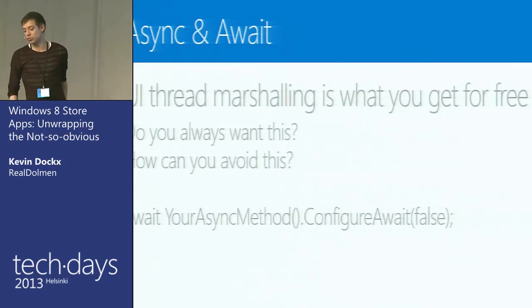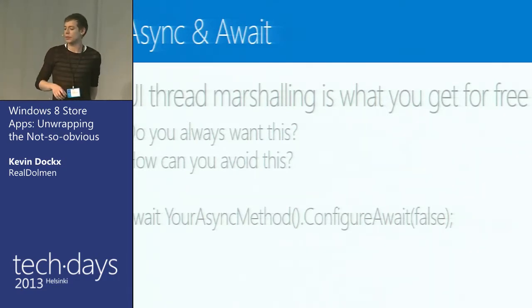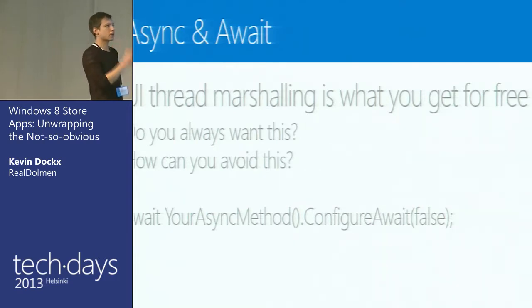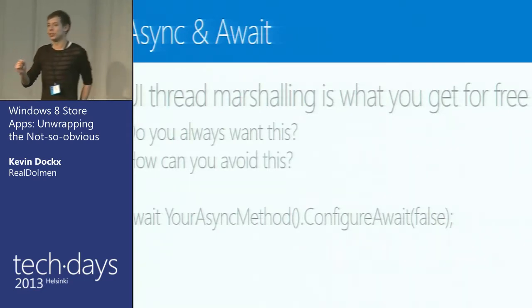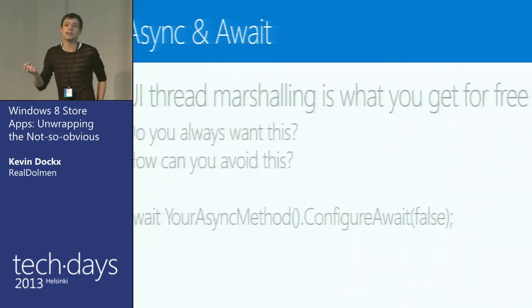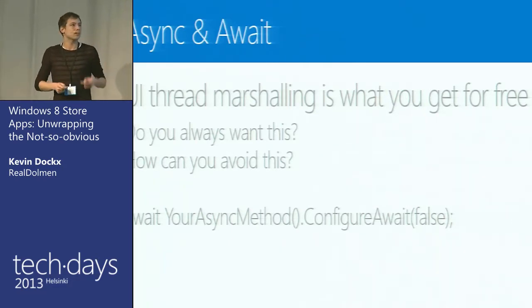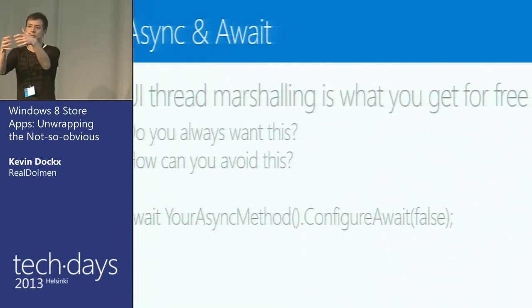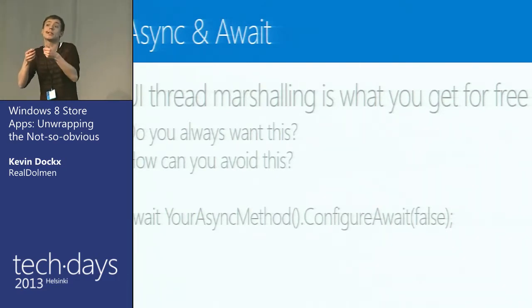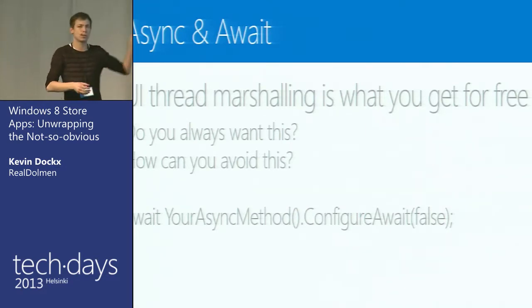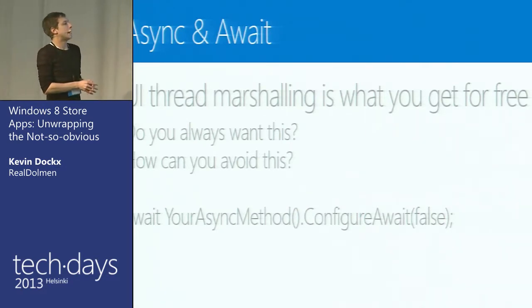This is another one of those tricks. So async methods, if you call them from your UI thread, are automatically dispatched back to your UI thread when they return, which is what you would like in most cases, because if you call a button click handler from your UI thread, you would typically expect a method to return something that has an effect on your UI, showing a message, for example.